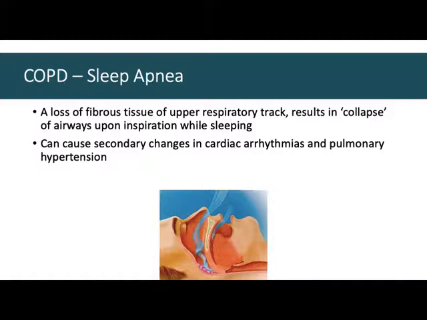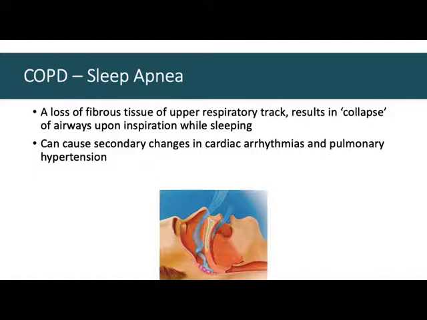Bronchitis and emphysema, we know well as the elements that contribute to COPD, but they have secondary effects also. As you get older, if you've lost a lot of that elastic tissue and fibrous tissue, it's not only in the alveoli, the lower airways of the lungs, that you realize that deficit, but in the upper respiratory tract as well.